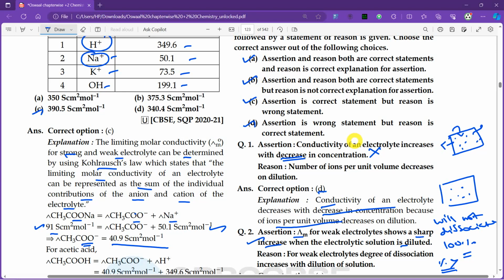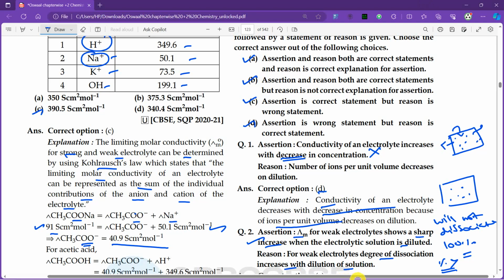And for weak electrolytes, the degree of dissociation increases with the dilution of solution. Yeah, this is also right. Am I right? Because it is not dissociated 100% at once, but as we increase the dilution, the conductivity increases, the degree of dissociation. That is, if it is 75% dissociated, on dilution it may be 80% dissociated, right?